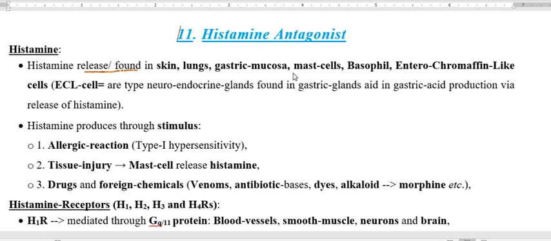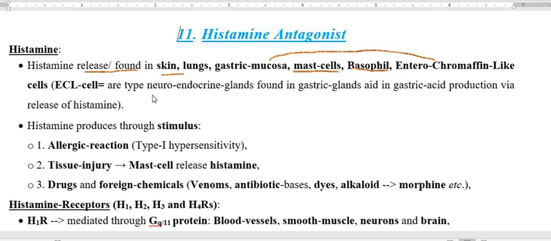Within the body, where the mast cell is present, where the basophil is present, you will find histamine. And in places like skin, lungs, gastric mucosa, and in the same gastric mucosa, we have to mention the ECL cells, the enterochromaffin-like cells.